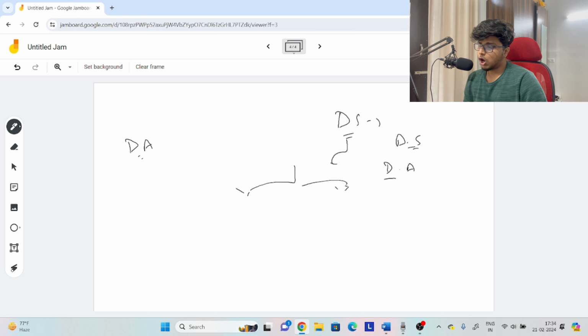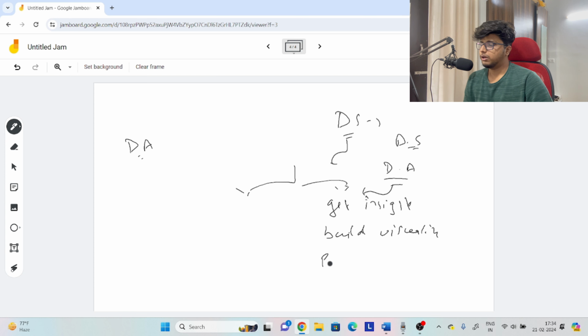So the daily task of a data analyst would be something like getting the correct visualization of data, getting insights out of the data, building visualizations or pre-processing of data. These would be tasks which a data analyst would be involved in.